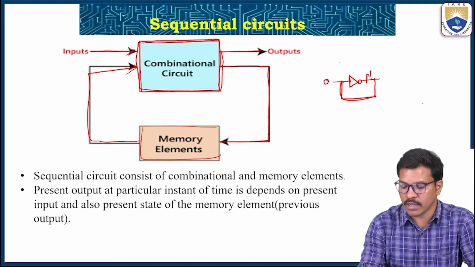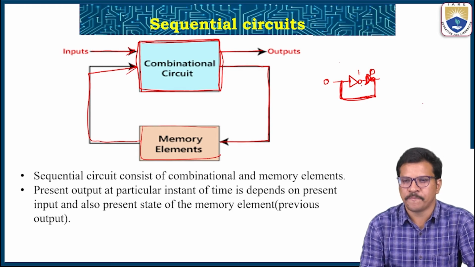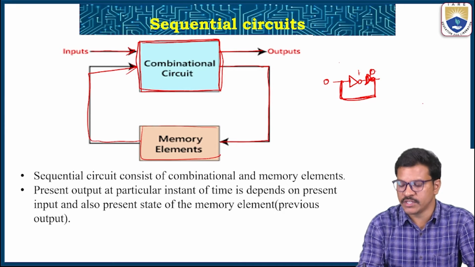if we take two inverters, the 0 output of one inverter is 1, that 1 passes through the further inverter and we get 0, and that 0 again gets back to the input. The same 0 passes through these two inverters, and then you will achieve the same output.